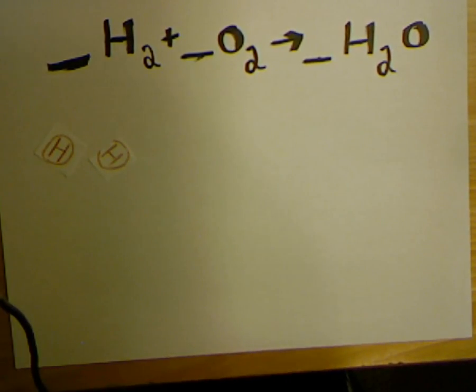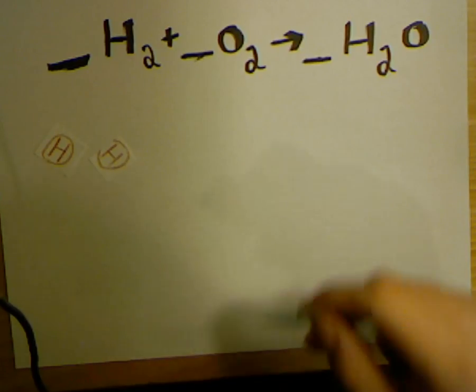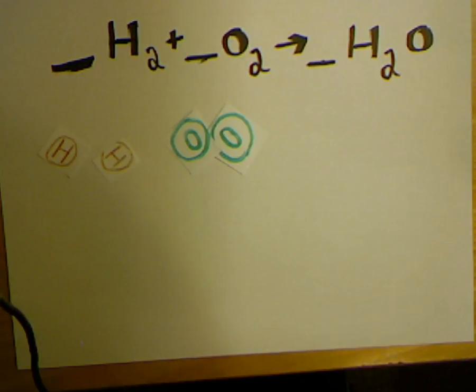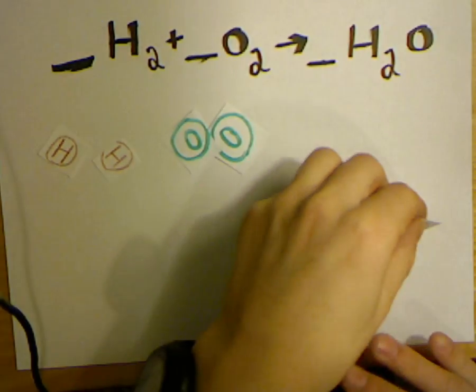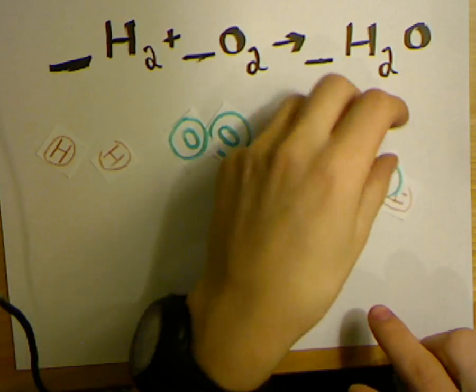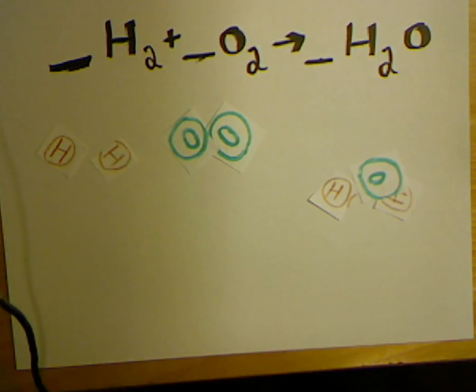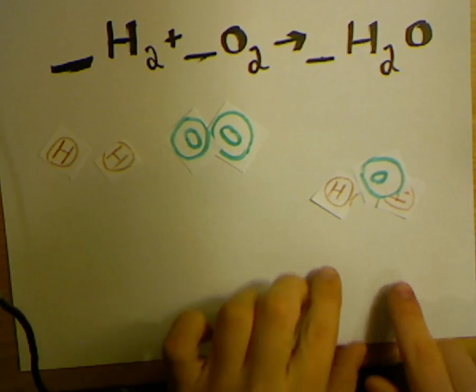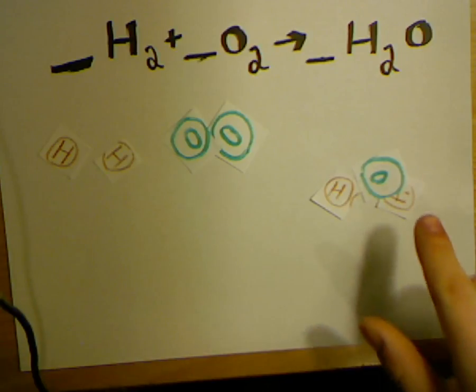And then over here we have 2 oxygen molecules. And as our result, we are going to have 2 hydrogen molecules and 1 oxygen molecule make up water. Okay, so now I need to figure out how we're going to get 2 H's to become 2 H's and 2 O's to become 1 O.